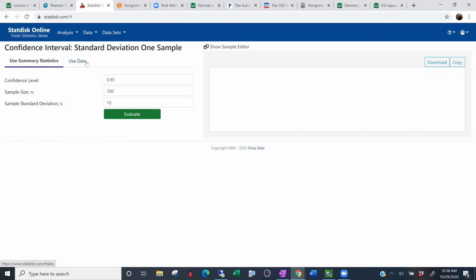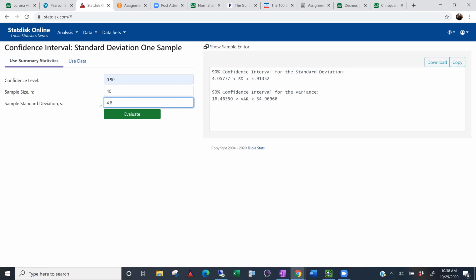Now, if you have data, you can use that. We've got summary statistics. First thing I have to do is change that to a 90% confidence interval. Sample size was 40, and the sample standard deviation was 4.8, not 2.1. There you go. Our confidence interval is between 4.06 and 5.91.